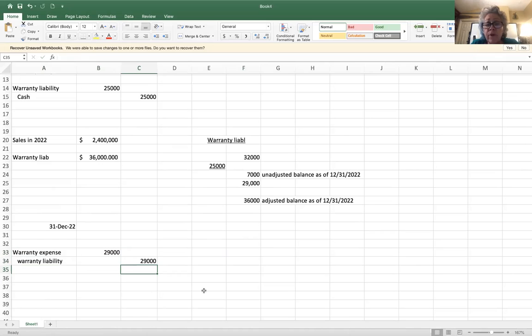So my warranty expense for 2022 is $7,000 lower than what I expected it to be just on my 2022 sales. But my warranty expense is $7,000 lower because I had overestimated it in 2021. And now I have adjusted it to what it should be.